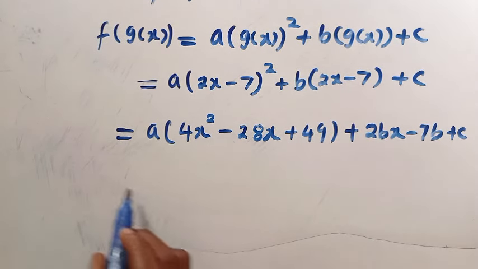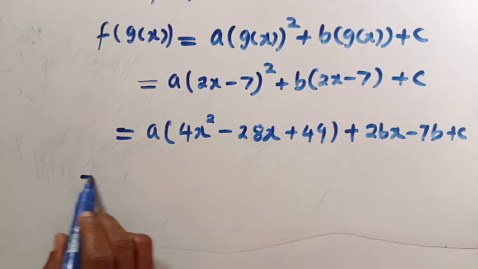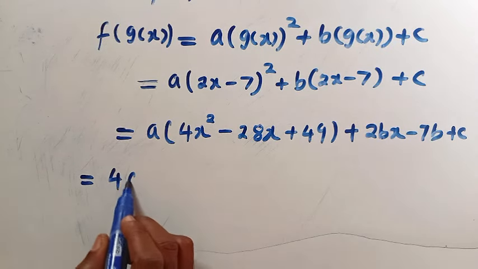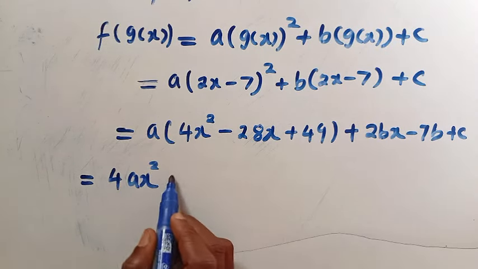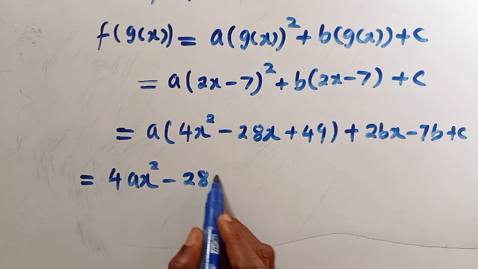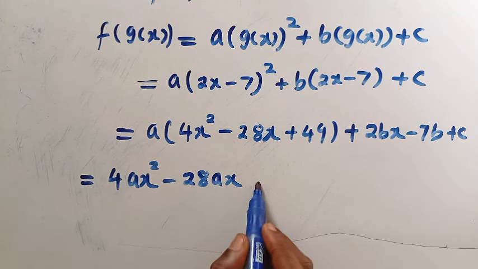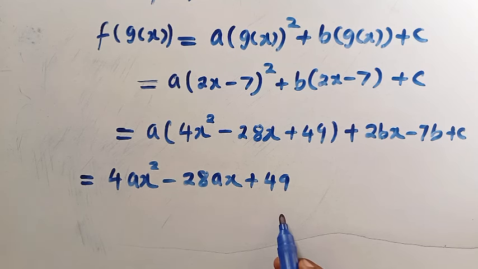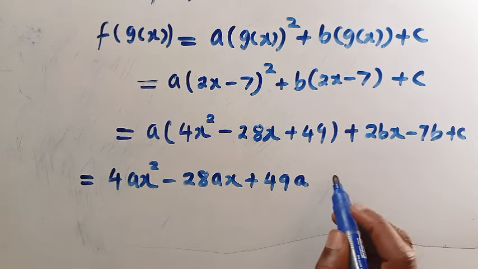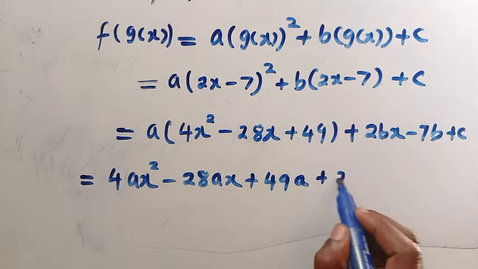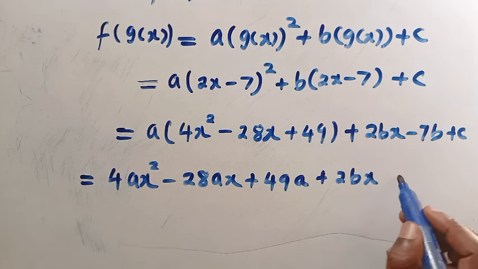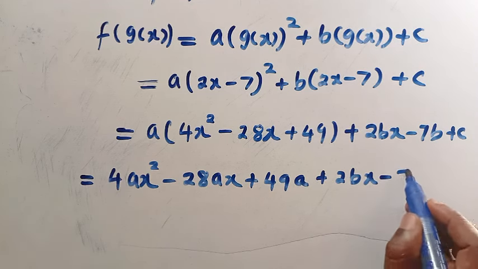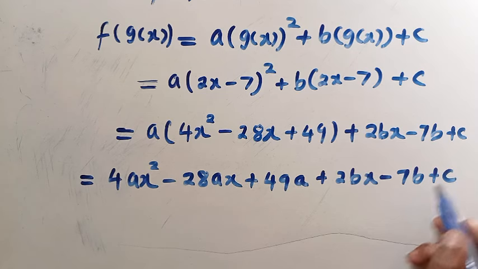And from here, if I open this one, we are going to have this as 4ax squared minus 28ax plus 49, then multiply by a, plus 2bx minus 7b plus c equals 4x squared.